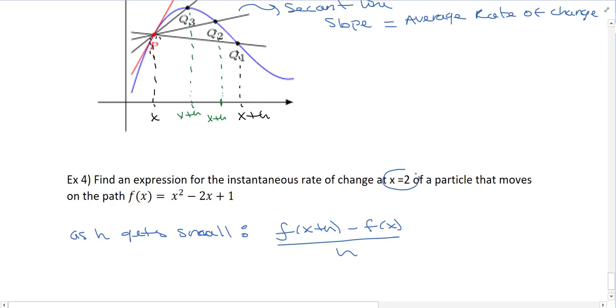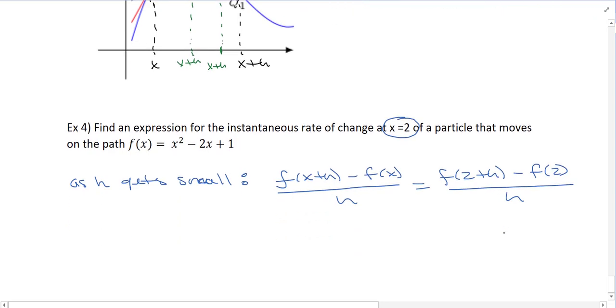So because I want to find it at x equals 2, this will be f of 2 plus h minus f of 2 all over h. And so we simplify this. So what is f of 2 plus h? So look at our function, it is x squared minus 2x plus 1. X is 2. So, well, we're going to plug in 2 plus h.